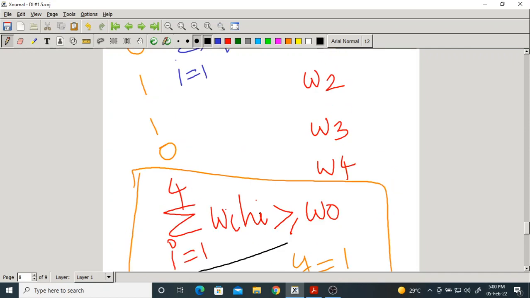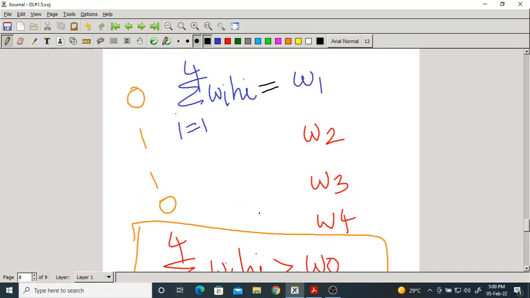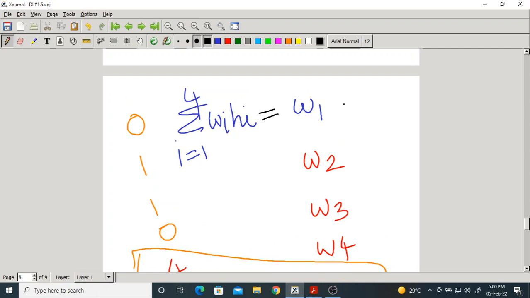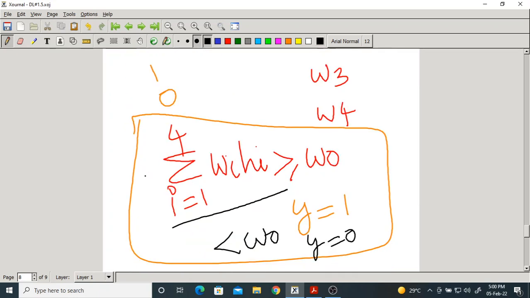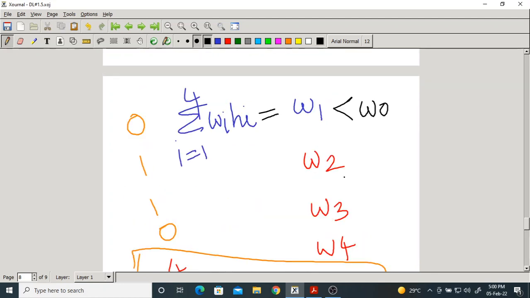Are you with me or not? But what is the weighted sum? In the first row, W1, that should be less than W0. In the second row the output should be 1, which means the weighted sum should be more than W0. But what is the weighted sum? W2, that should be more than or equal to W0. In the last row it is W4, less than W0.